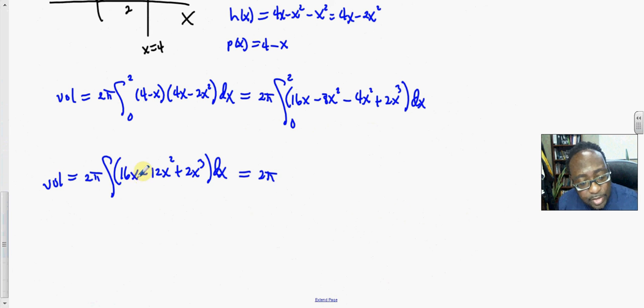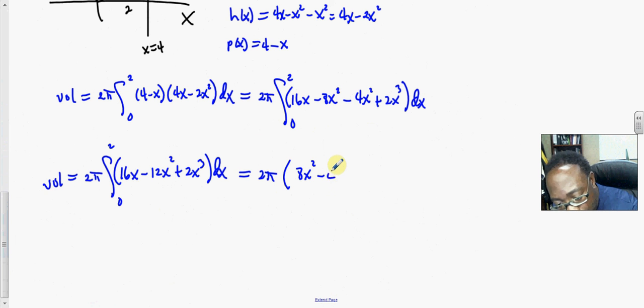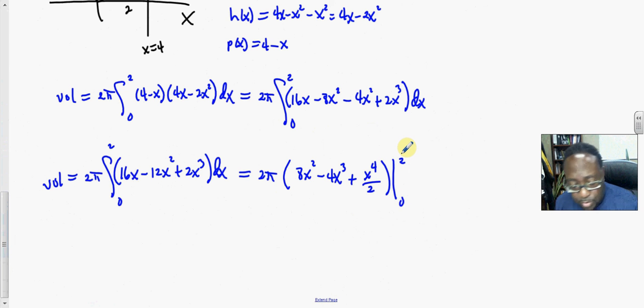We get 16x squared divided by 2, so that's 8x squared, evaluated from 0 to 2. And then we have minus 12x to the third divided by 3, so that's minus 4x to the third, plus 2x to the fourth divided by 4, which is x to the fourth divided by 2. It's being evaluated from 0 to 2.